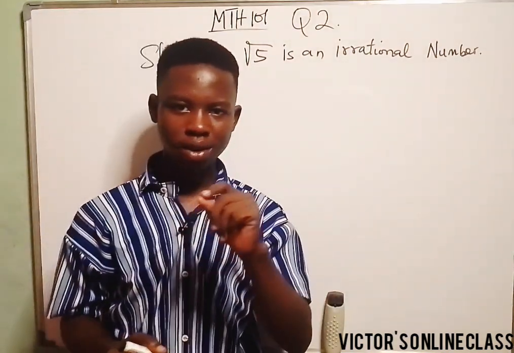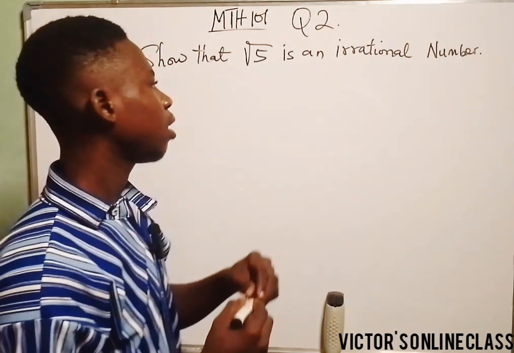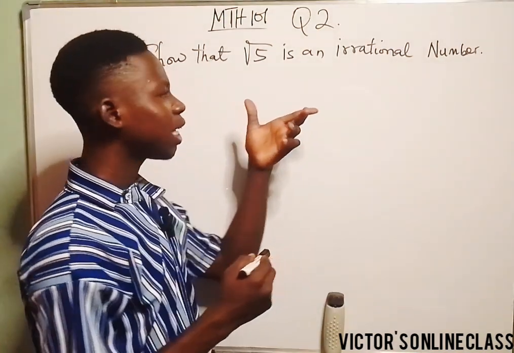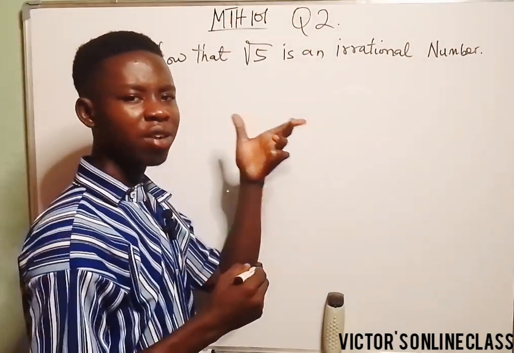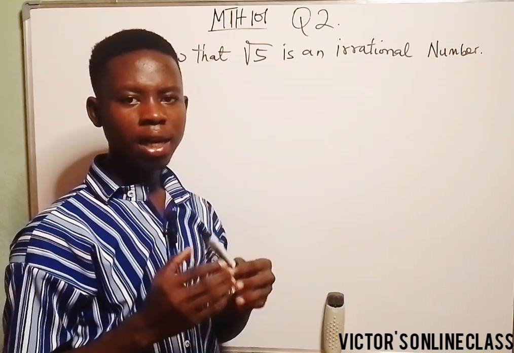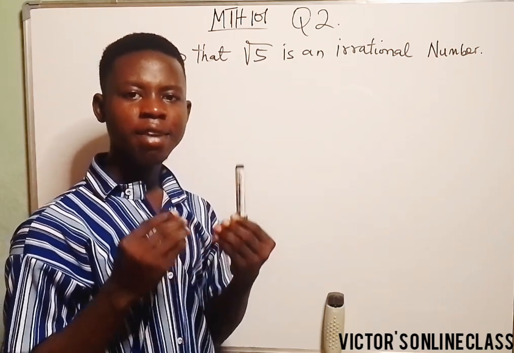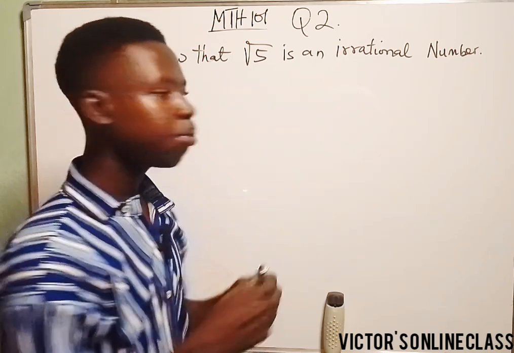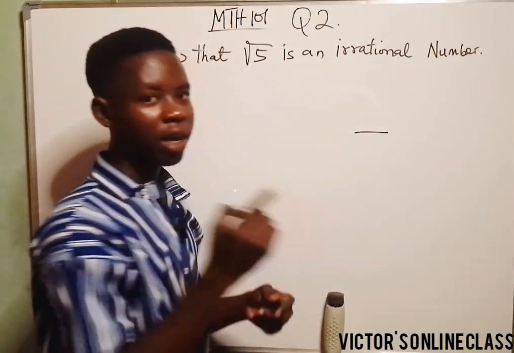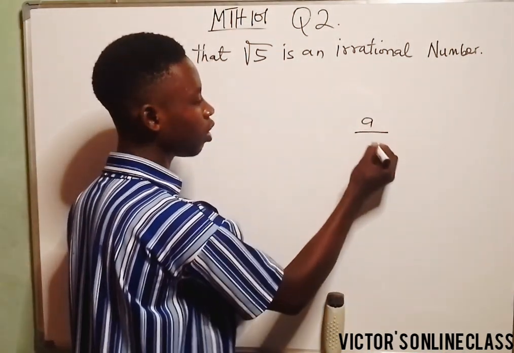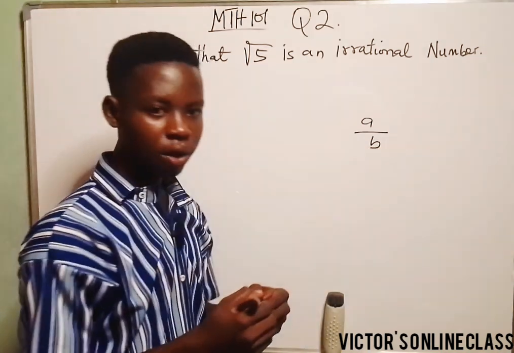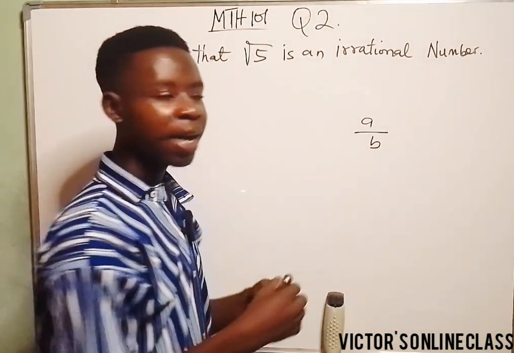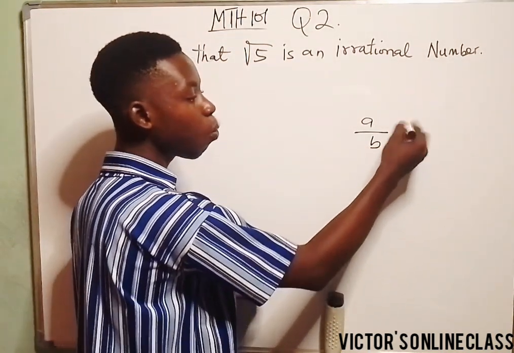Pay attention. Now, how do we know a rational number and what an irrational number is? A rational number is expressed as a ratio of two integers. Ratio means over, which means a rational number can be expressed as a over b, whereas an irrational number is the opposite.